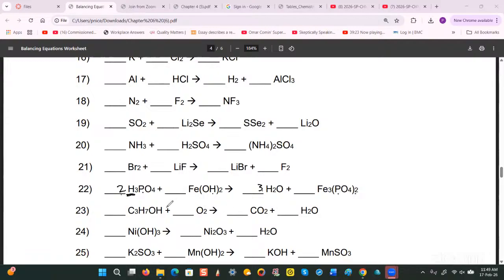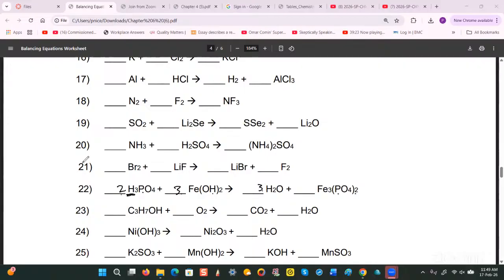Now, what I would do is put a 3 here. But then that would put your oxygens on this side at 6 oxygens plus 8 plus 8, that's 14. Here we have 3 plus 8, that's 11.